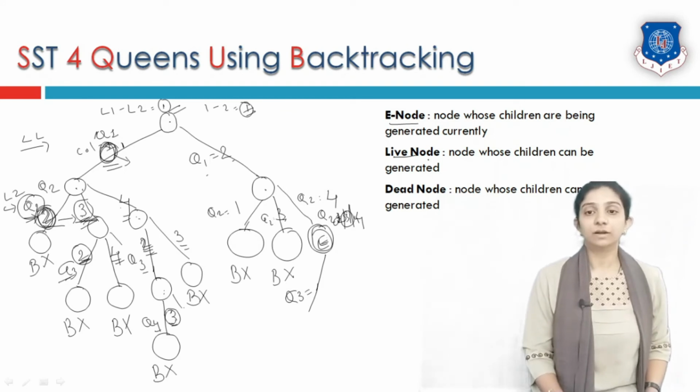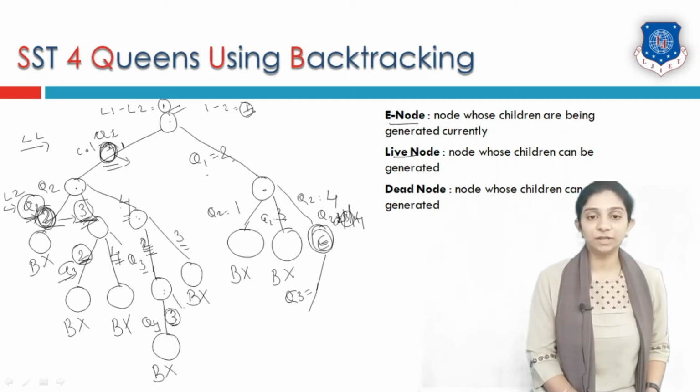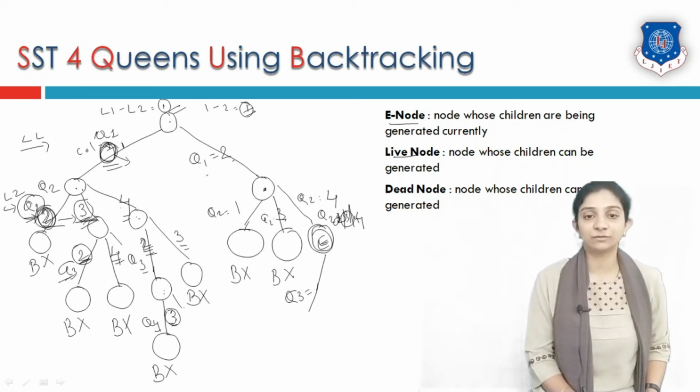Live node, a node whose children have been generated. For example, consider this particular node. For this node, the number of possible children is 3. For this particular node, the number of possible children is 1. For this particular node, the number of possible children is only 2.